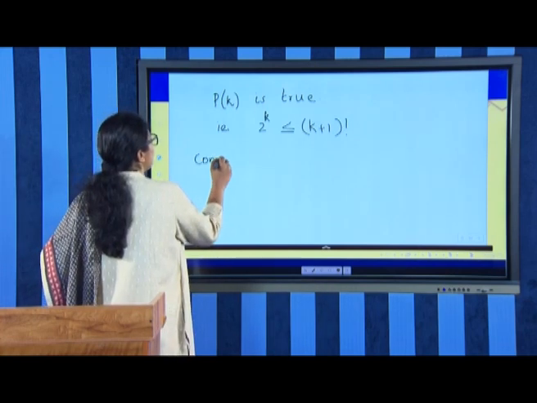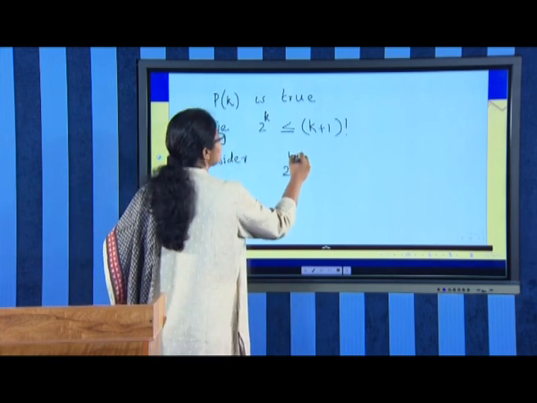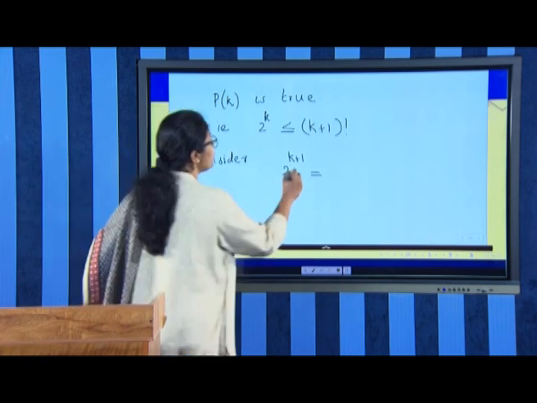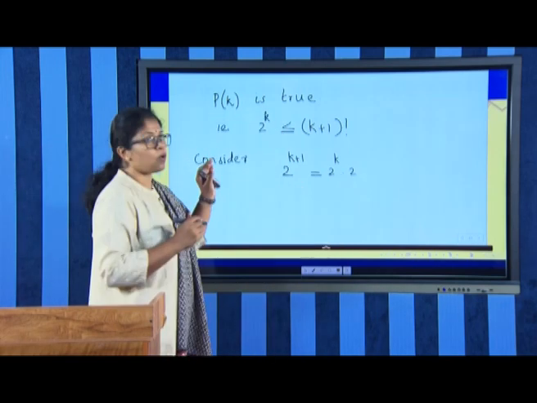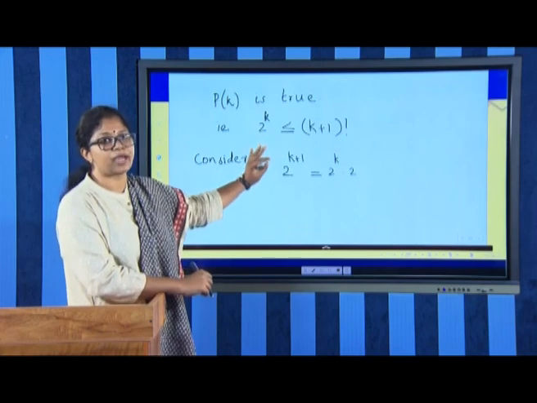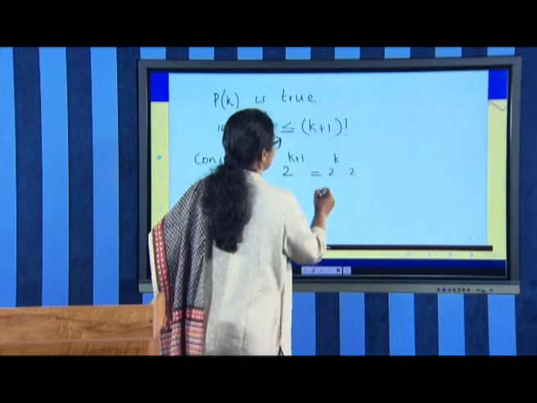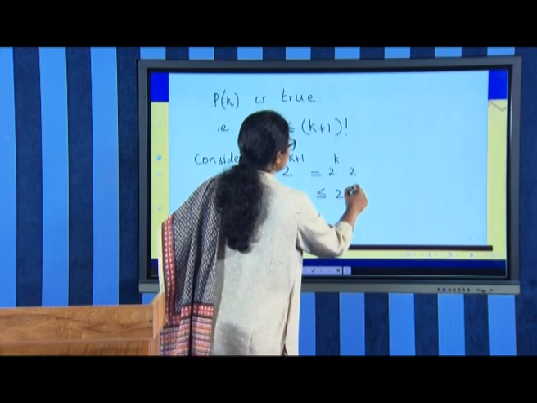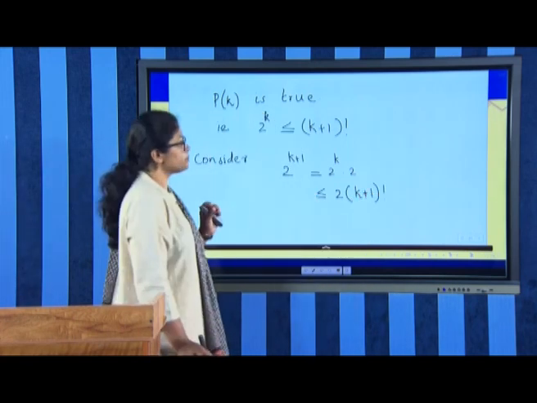Then consider 2 power k plus 1, which can be written in the form 2 power k times 2. Now, we have already assumed that 2 power k is less than or equal to k plus 1 factorial using the induction hypothesis. And so, we can replace this 2 power k by the inequality. This 2 remains as such into k plus 1 factorial.